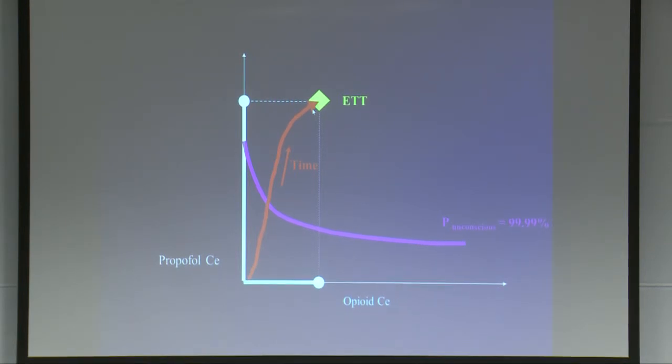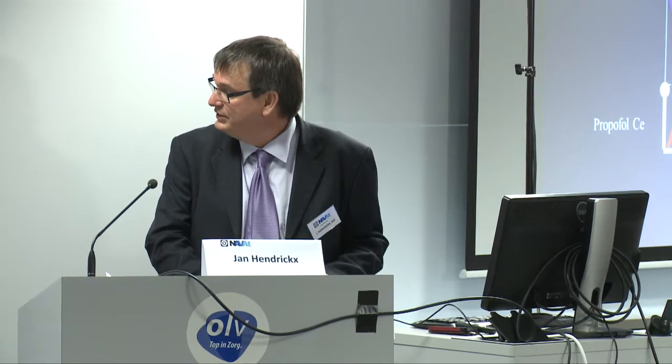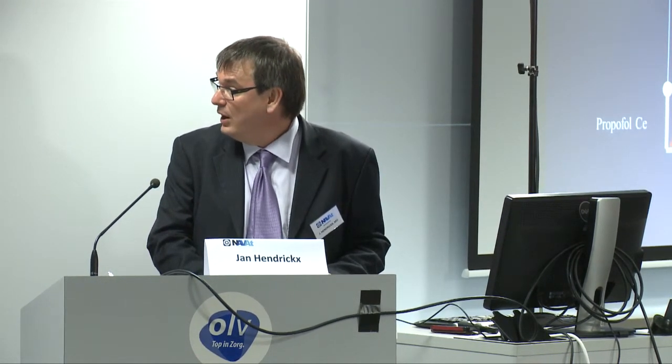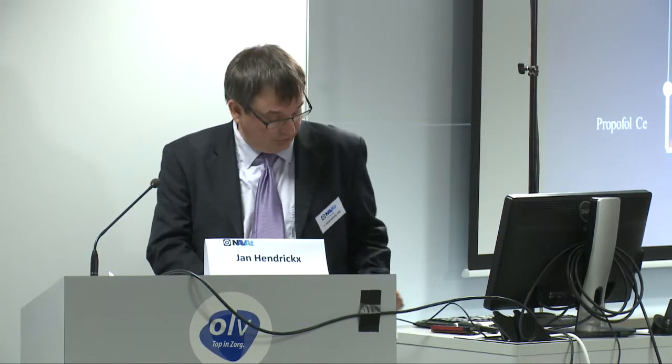Then the patient is intubated, and obviously the concentrations of the propofol and the opioid will decrease. But what I do not want to happen is that the combined effect of the propofol and the opioid results in a chance of patients becoming conscious. I want 99.99% of the patients to be unconscious.